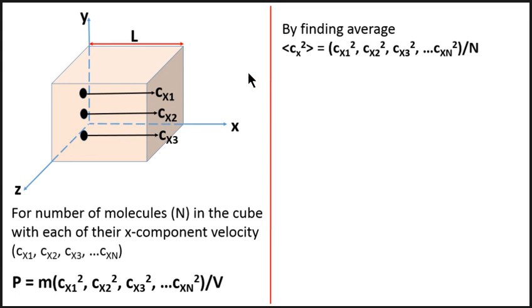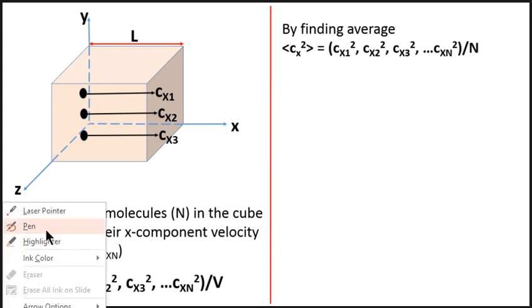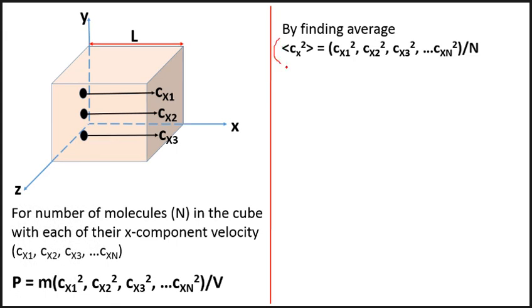Now I need us to know that this very symbol right here is known as mean square velocity or speed, and this should not be mistaken for the average molecular speed. This is not the same as average molecular speed. This is just mean square velocity, not average molecular velocity or speed.